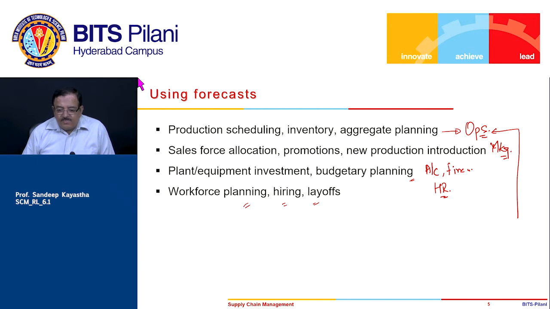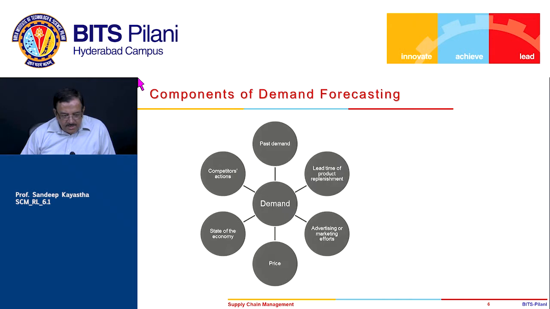So we will be dealing with only that class of forecasting methods which are relevant for these kinds of supply chain activities rather than for others. Since there are many methods of forecasting, we are only going to focus on those relevant for the supply chain.